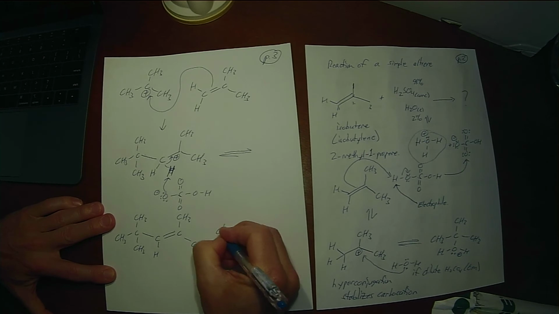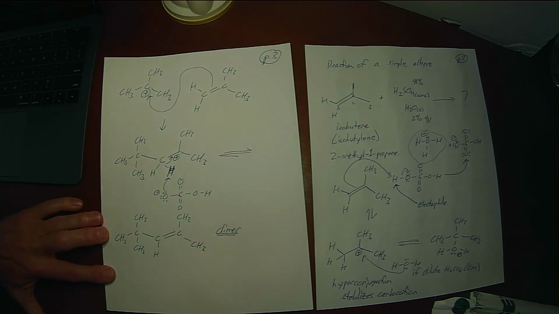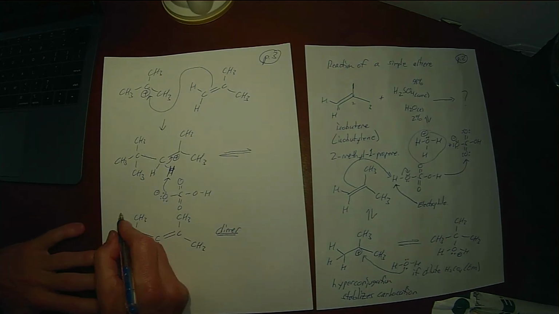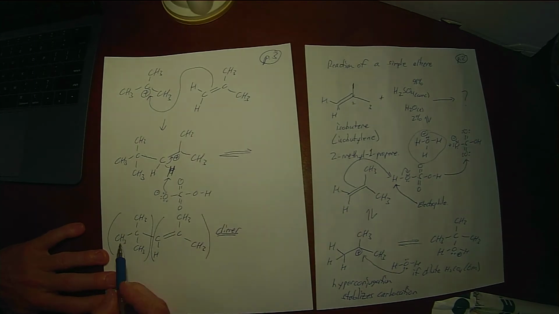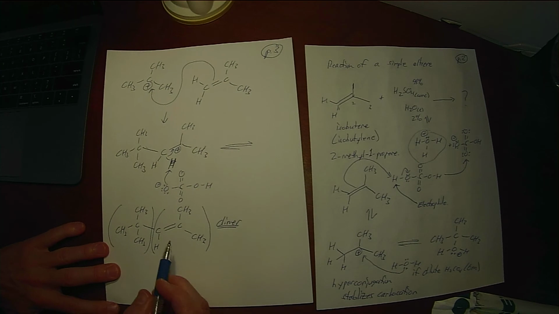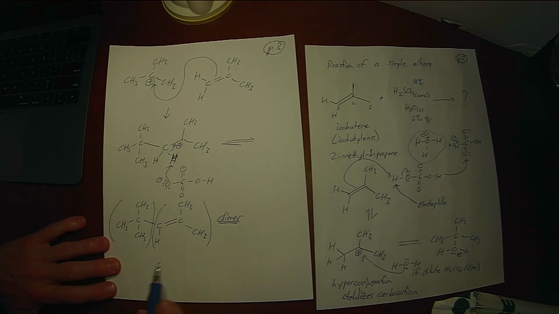And this is a dimer. Right? It's composed of two of these repeating units. You've got a hydrogen on the end, so that double bond's not there anymore, but it's two isobutene units attached to each other. So that happens, and you can probably isolate that dimer.